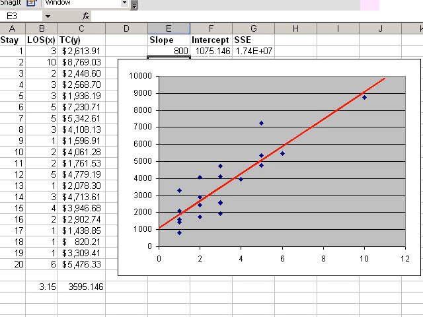Okay, if we accept 800, what we're saying is that the cost per day predicted for any stay is $800 times the number of days of stay plus a flat $1,075.